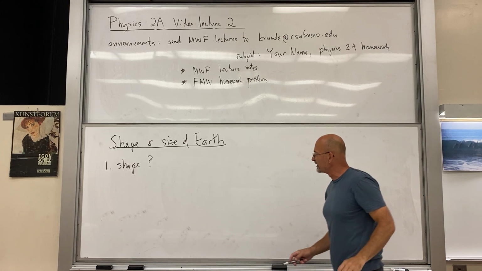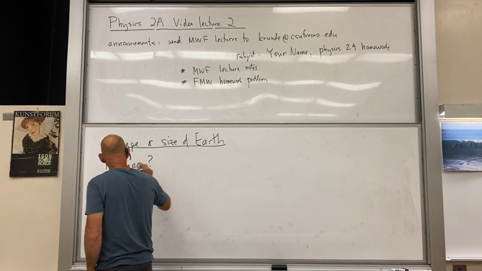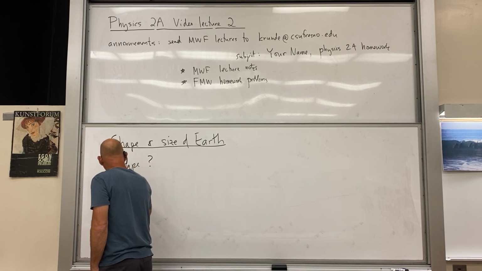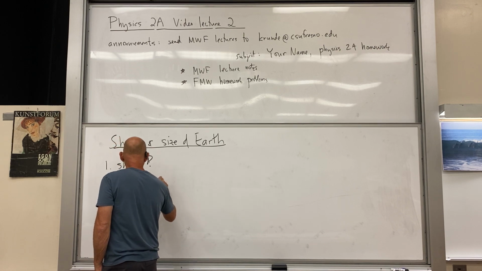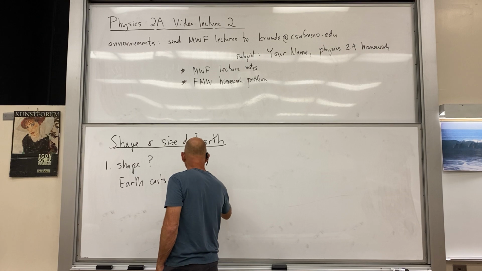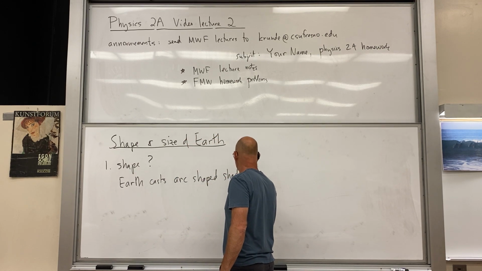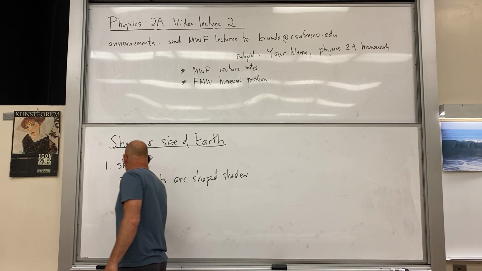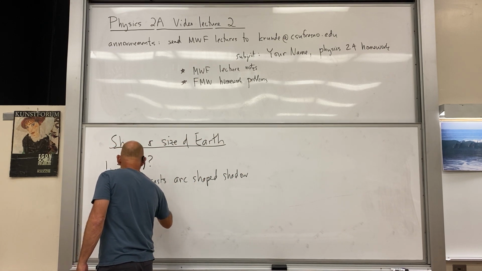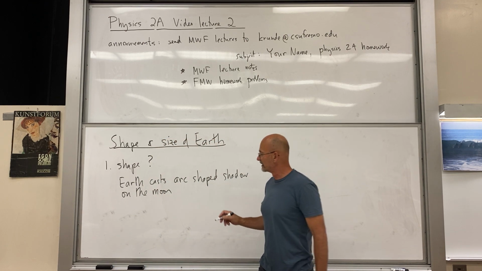So those are all ways to discover that, but just for putting something up here, let's say Earth casts an arc-shaped shadow on the moon during a lunar eclipse. Okay.